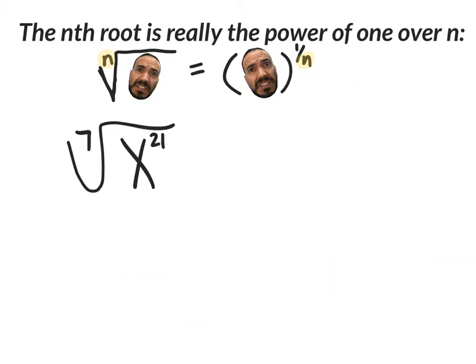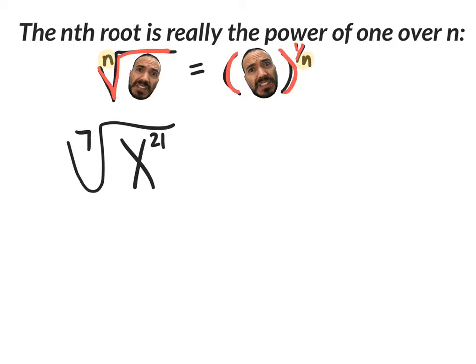How about this? The 7th root of x to the 21. So what I'm trying to show here with my face, it's the same face, right? That means it could be anything you want. Right here we have the x to the 21 in place of my face. So I know I could rewrite the nth root as the power of 1 over n. Whatever root you have right here, it's going to be the power of 1 over that same root.